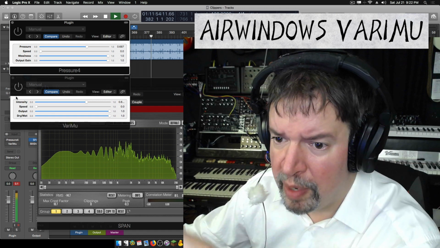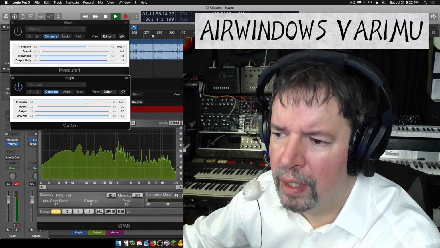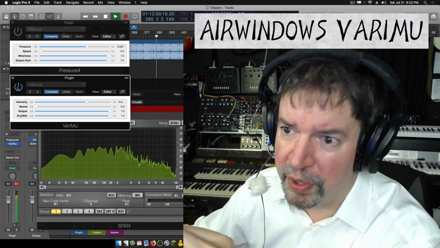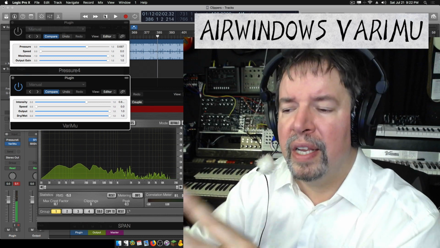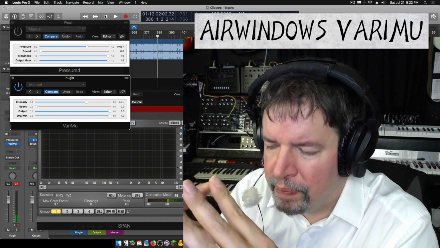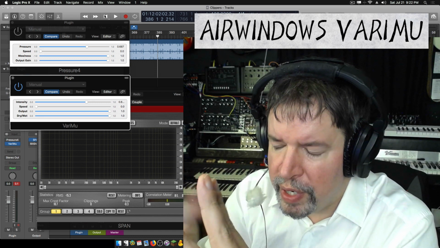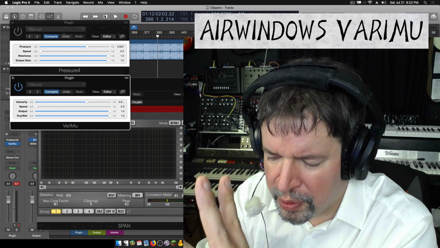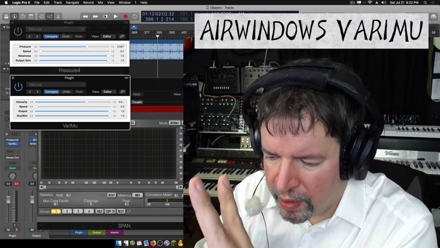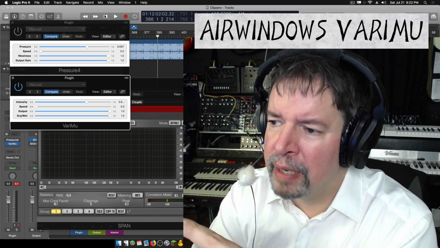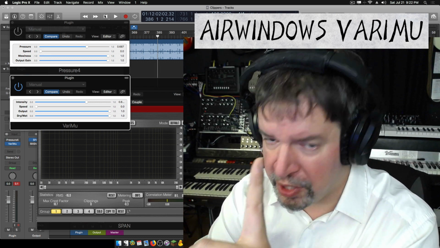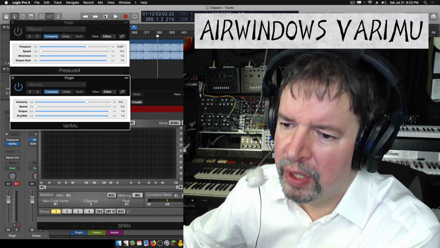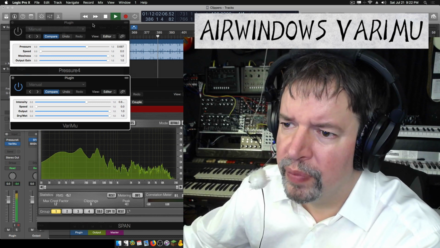But then we turn on VariMu. Completely different feel. And again, that's because it's checking the two nearest samples for the hottest transient, and it is also squaring the input coming in just for the sense circuit so that it will react in a very different way.